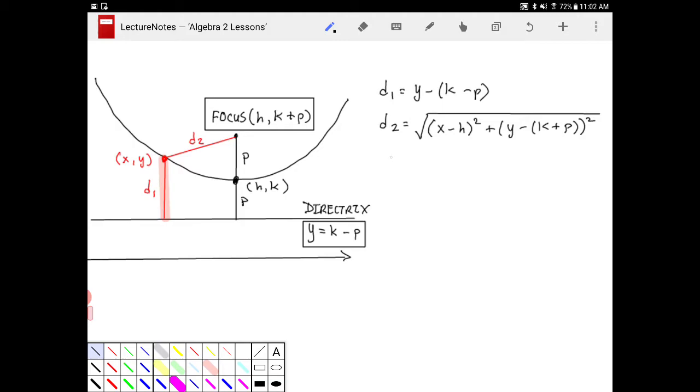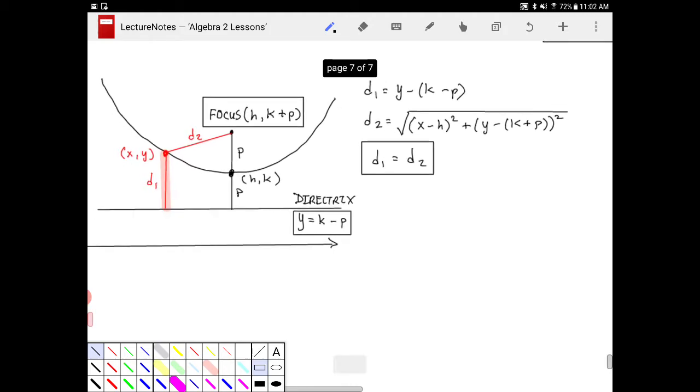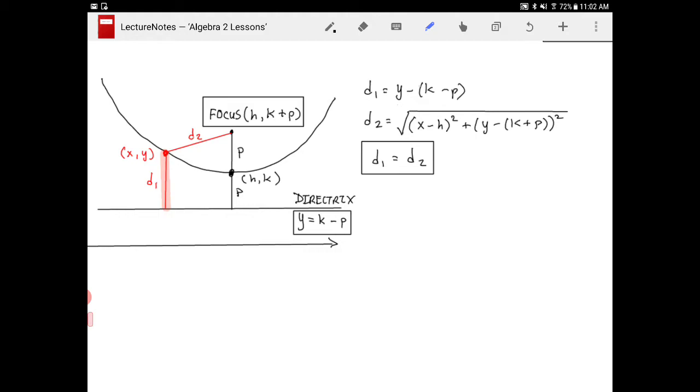And again, we are going to capitalize on the fact of how the light is bent, and that those lengths are going to be the same. So we're going to take D1 and D2 and set them equal to one another.